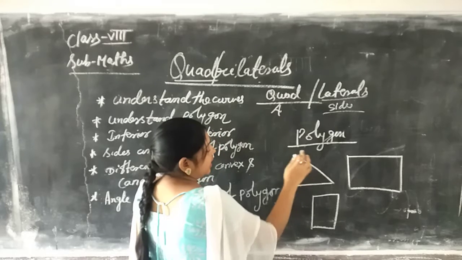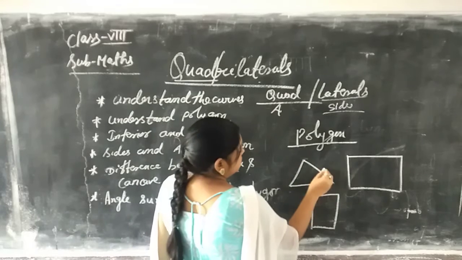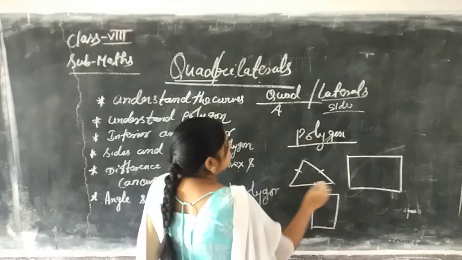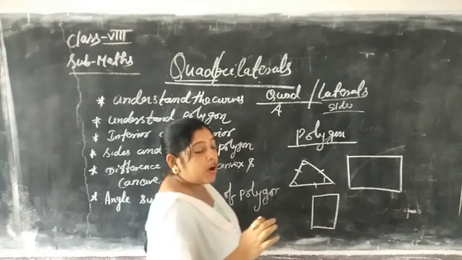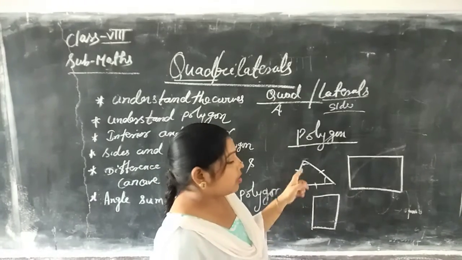A triangle has 3 sides, 3 vertices and 3 angles. A triangle is made up of 3 line segments, so it is called a polygon.